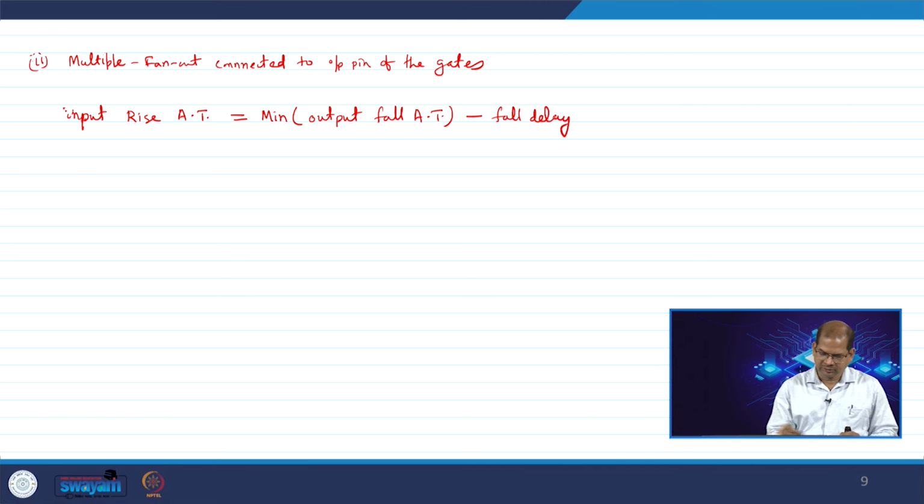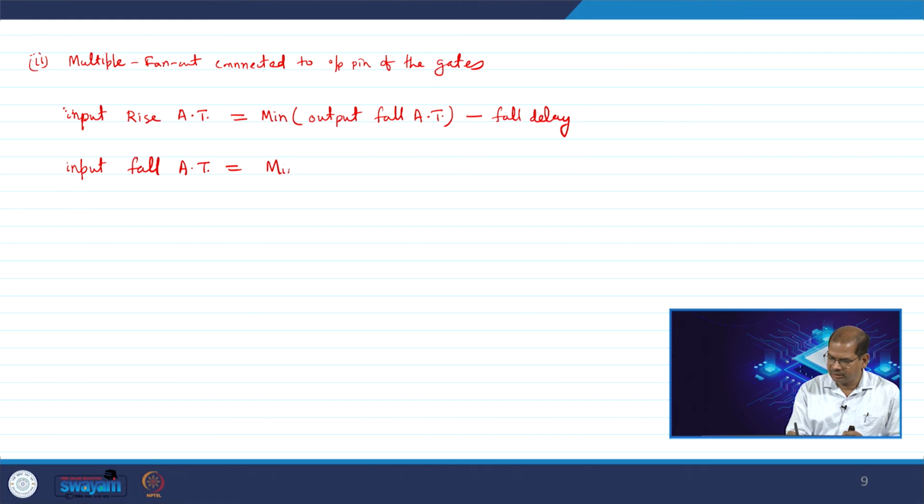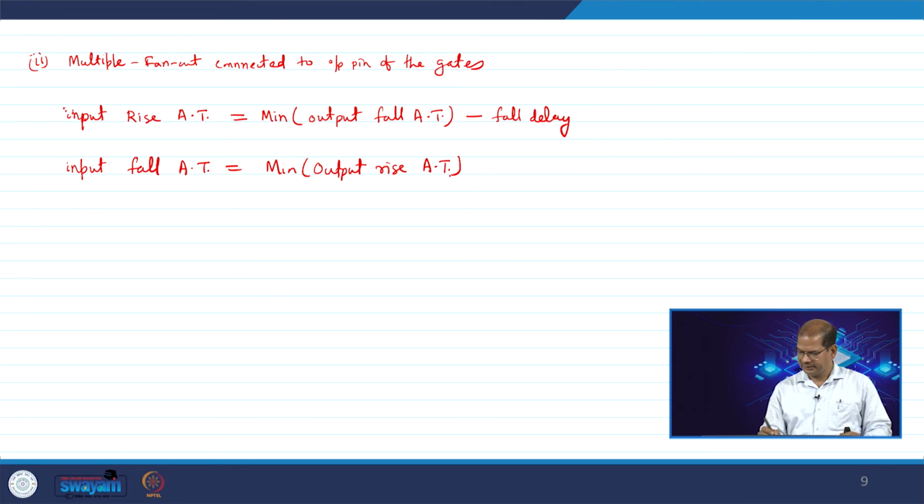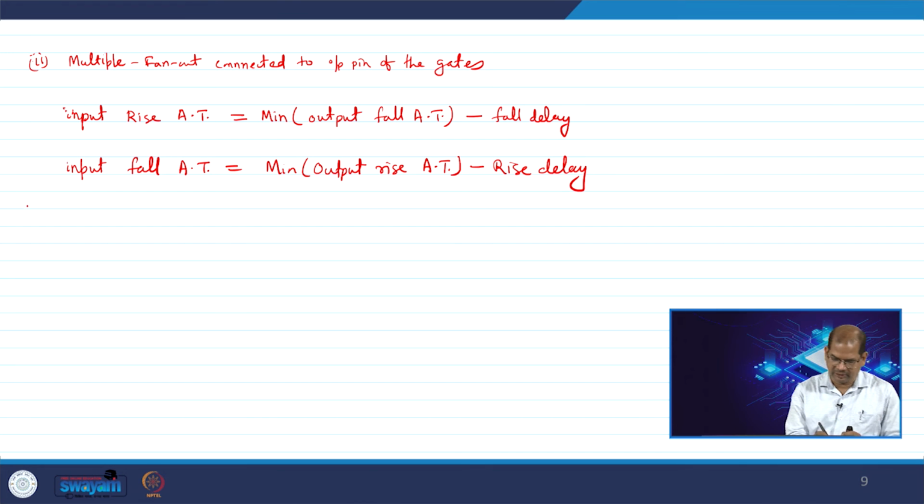Similarly, input fall arrival time is basically the minimum of output rise arrival time minus rise delay. So, these are the two equations for the multiple fan out gate. I will take an example here, it will be more clear from there.